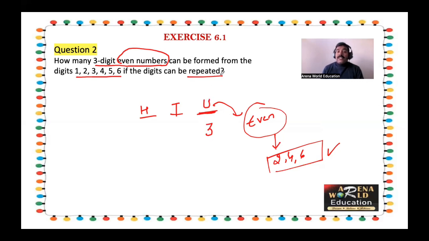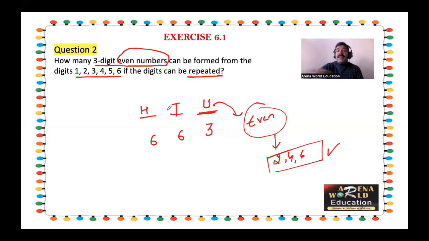So now repetition is allowed. So out of 6 numbers, we have taken only 1 number. So now if repetition is allowed, so these remaining 2 places, so they can be filled by any of the numbers, right? It is not given like only at unit place there is an even number, right?